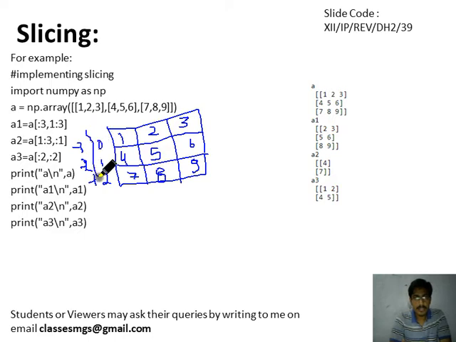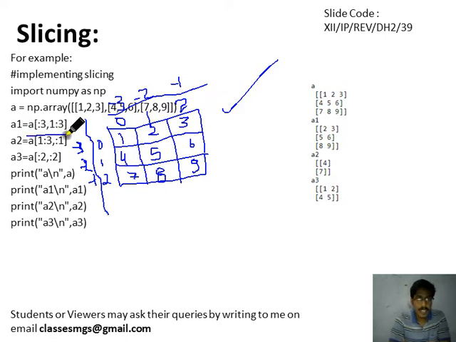Keep those separate so that you don't get confused. Similarly it has the column index 0, 1 and 2, and the negative index -1, -2, -3. So the NumPy array will look like this.